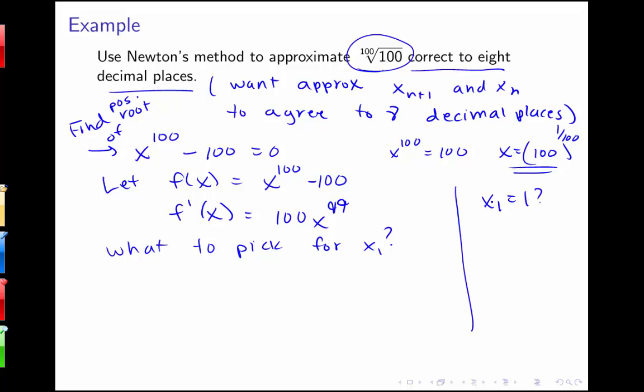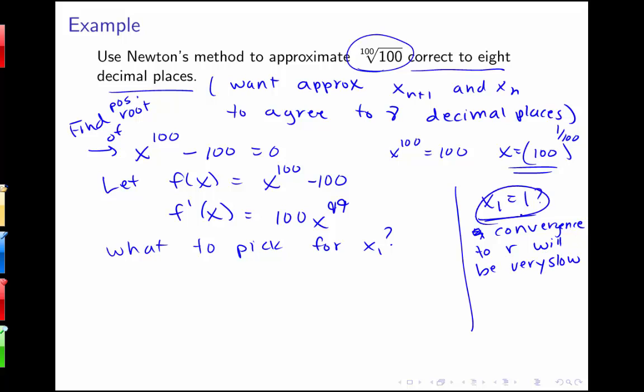I mean, that's a small integer. Certainly we know that 2 to the 100 is going to be way too big, much bigger than 100. 1 to the 100 is easy for me to evaluate. But if we use this choice, the convergence to r will be very slow.